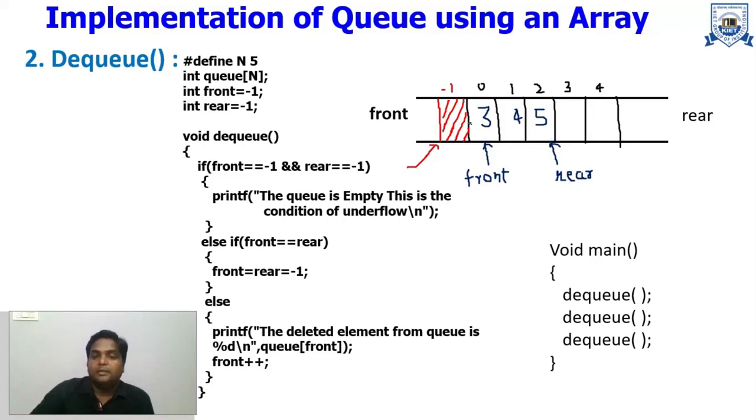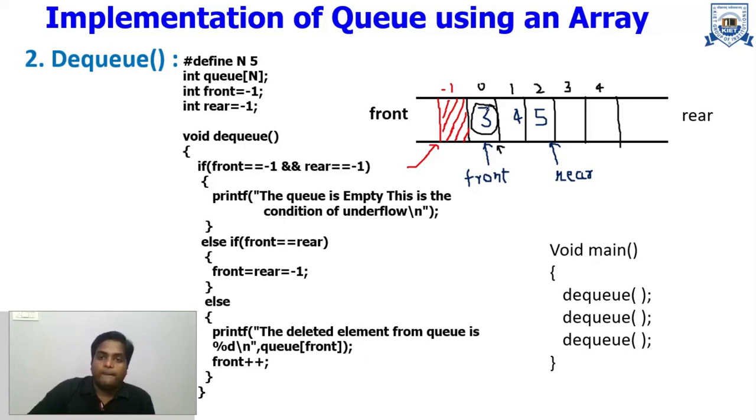In that case, when we delete that element, the queue will be empty again. Suppose only one element is there, that is 3. Front is pointing to this location and rear is also pointing to this memory location. If we perform the DQ operation, after deleting this value, the queue will be empty.